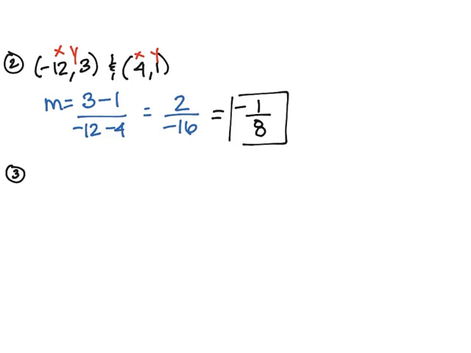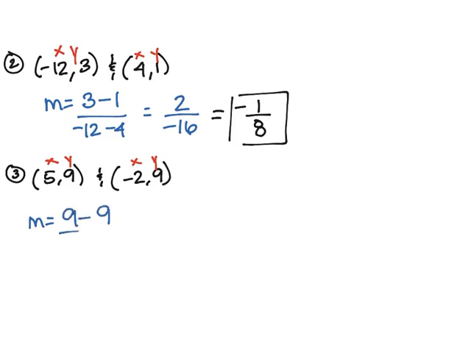Third example, we have 5, 9, and -2, 9. And so we're going to plug in. Our y numbers would be 9 minus 9.